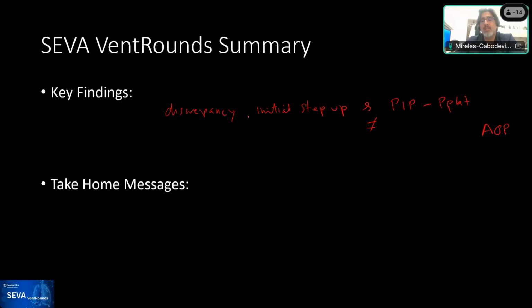And this statement is only valid when you're on volume control, CMV, with a square waveform, because if you have other types of waveforms, this may be completely different.